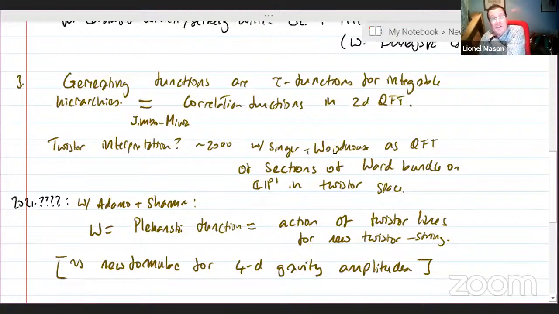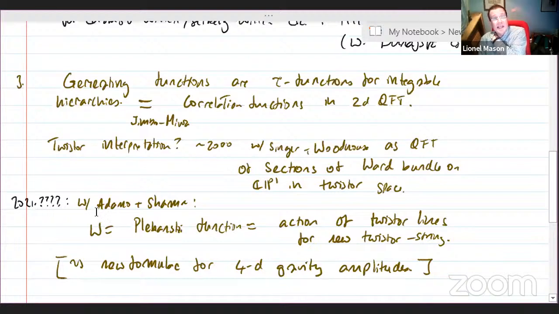And so in those days, we gave a kind of quantum field theory of sections of, so when you think of these as reductions of solutions to the KdV equation, then you have a Ward bundle on twistor space, and there's a quantum field theory of holomorphic sections of the Ward bundle over the lines in twistor space. So we were able to establish a story along those lines that would be the twistor interpretation of the Tau functions.